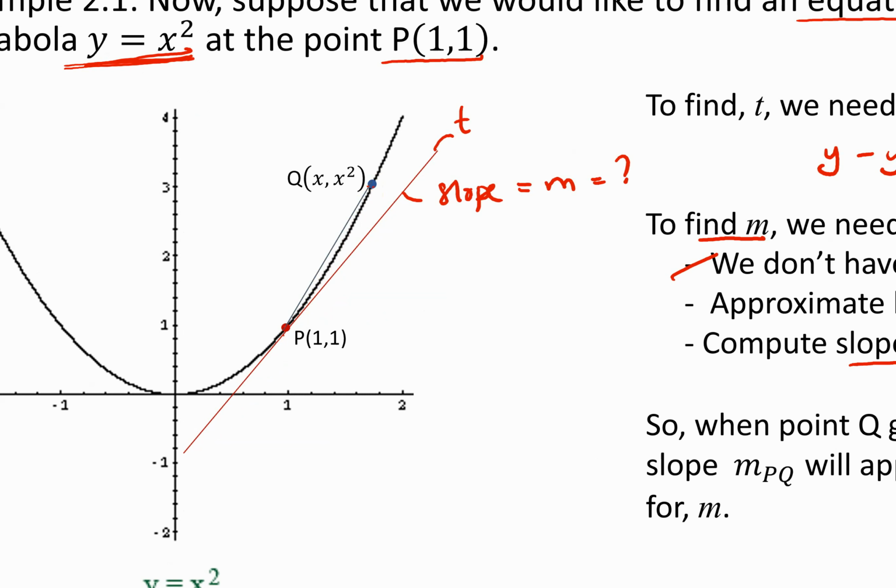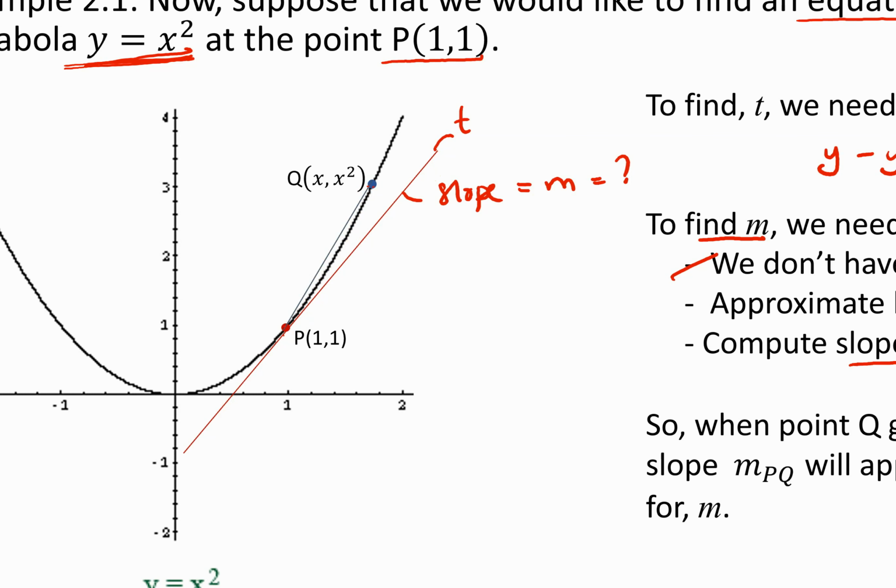Of course, when you look at it, it doesn't look close at all to the slope that you are looking for. It looks totally different from the slope of the red line here.